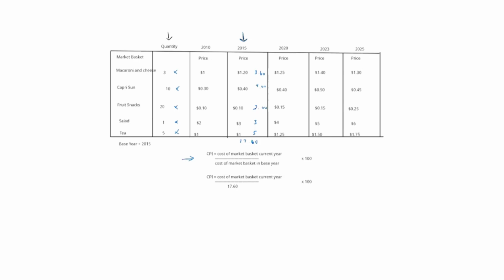So that means that for CPI of 2015, we are going to get 1760 divided by 1760, which is going to cancel out to 1 times 100, which is going to be 100. So our CPI for 2015 is 100.